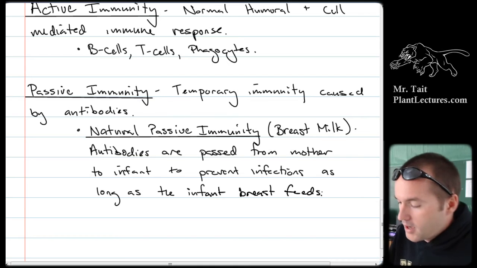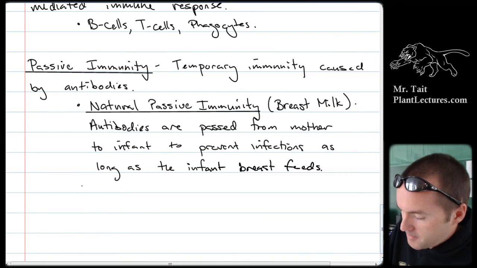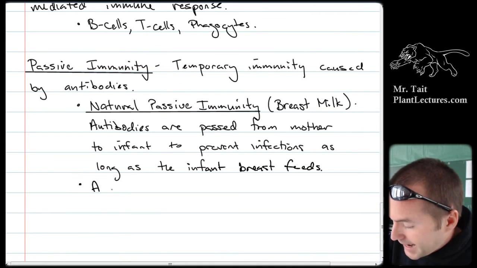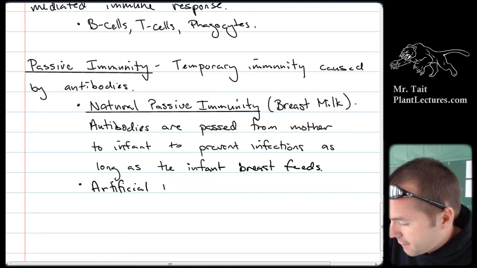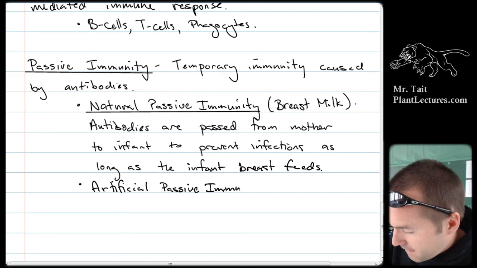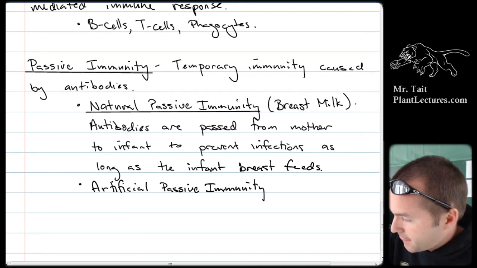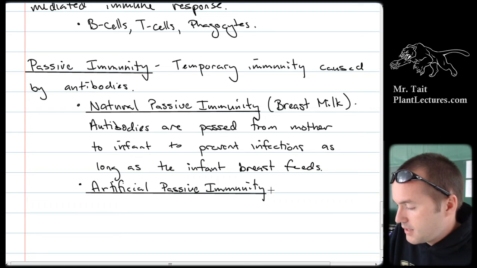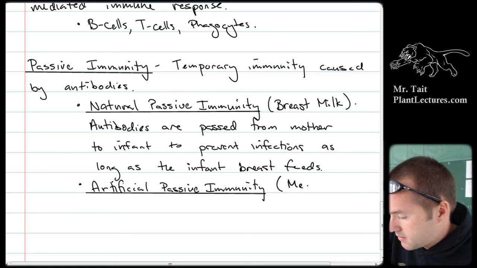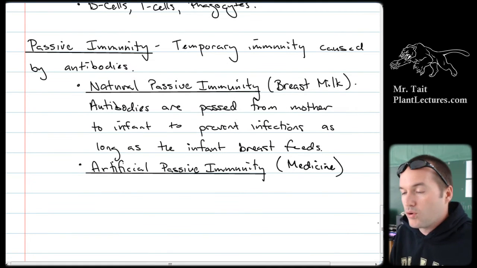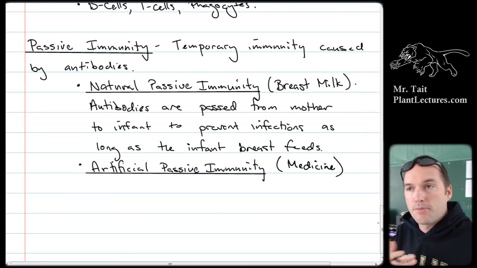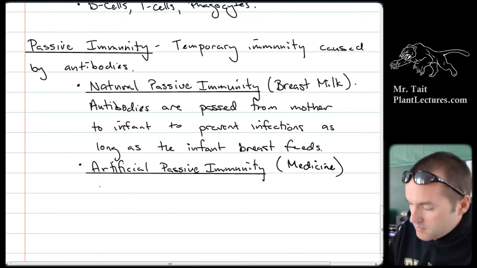Okay. All right. There's also something called artificial passive immunity. And artificial passive immunity is like medicine. Okay? And people who are immunocompromised are often given injections of antibodies in order to help them fight off specific infections.